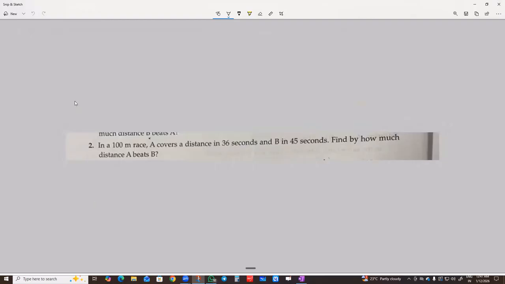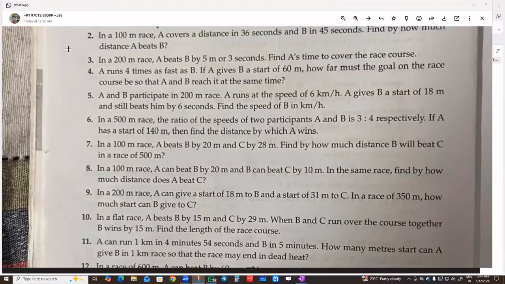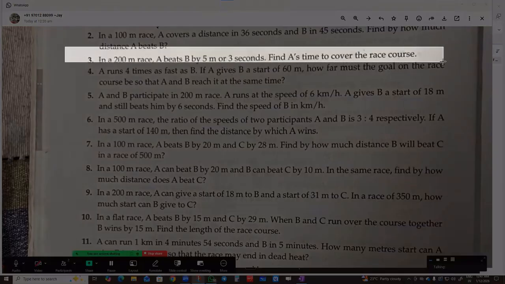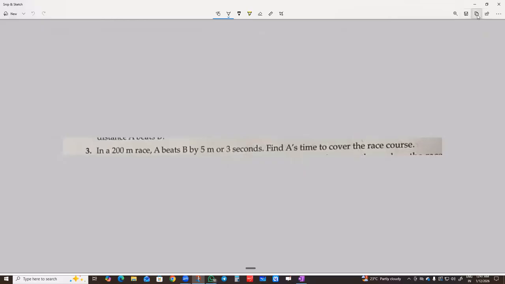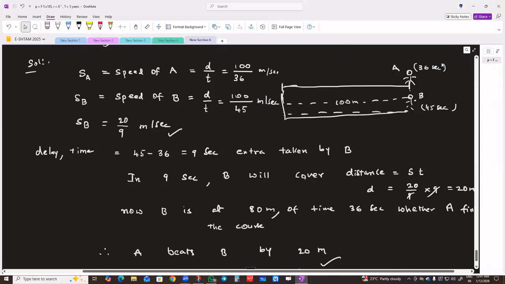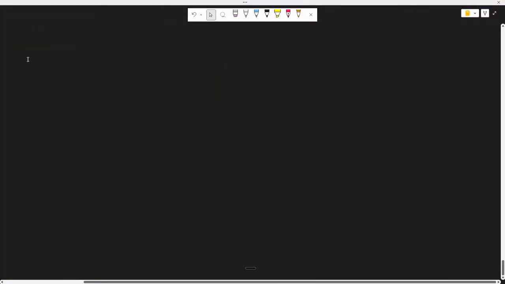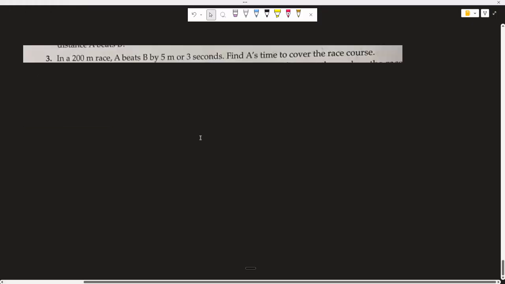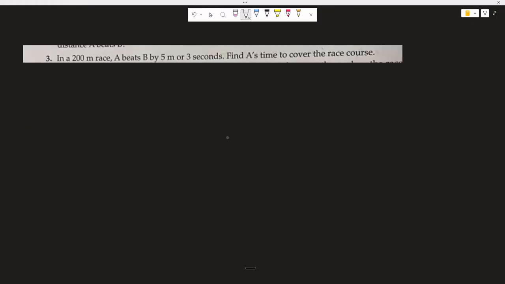Next, problem number 3. In a 200 meters race, A beats B by 5 meters or 3 seconds. Find A's time to cover the race course.